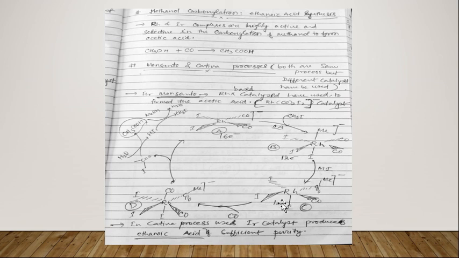This forms C, 18 electrons, and after addition of carbonyl it becomes this D, and after removing this, there are several processes that happen and form the acetic acid plus this again. So this Cativa process uses iridium catalysis to produce ethanoic acid of sufficient purity.